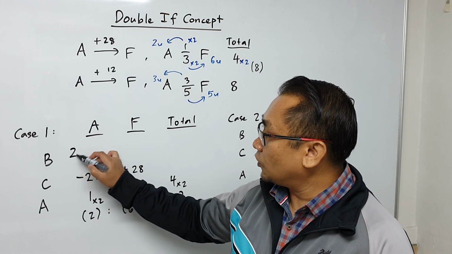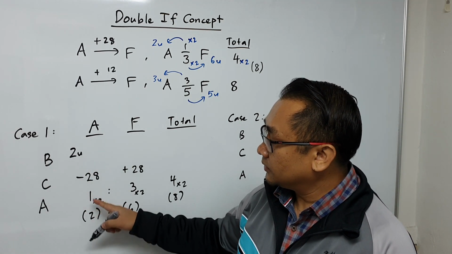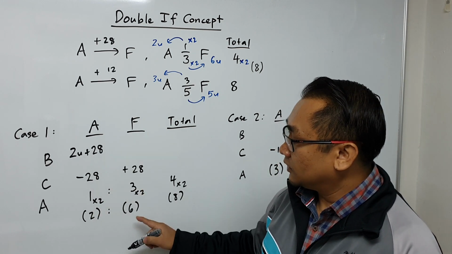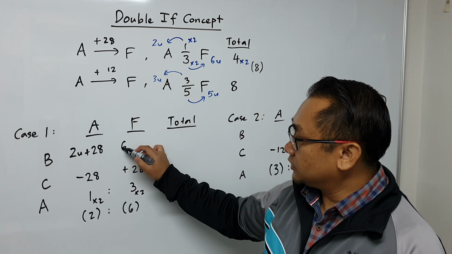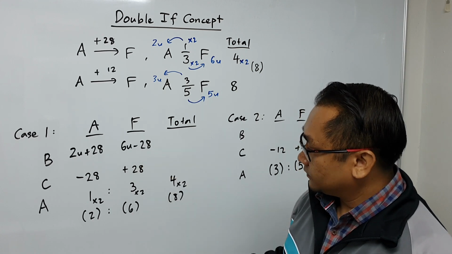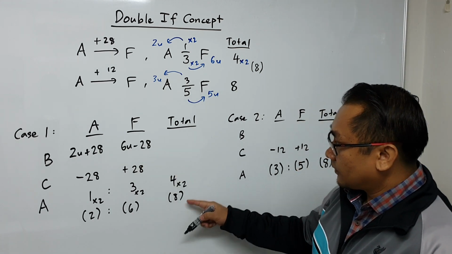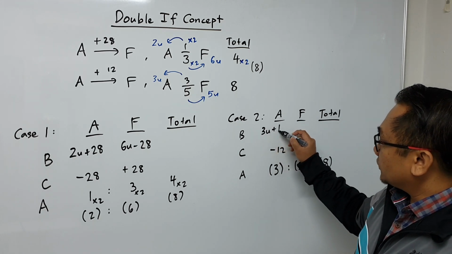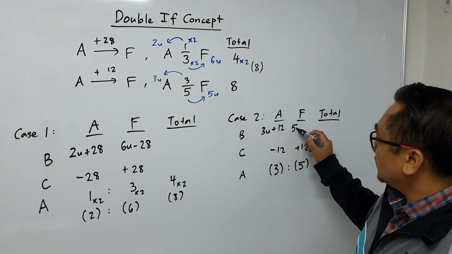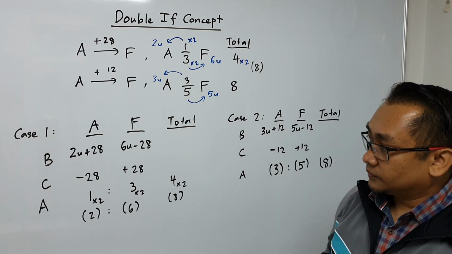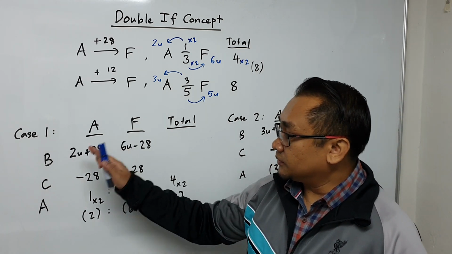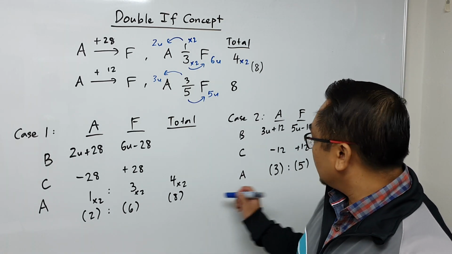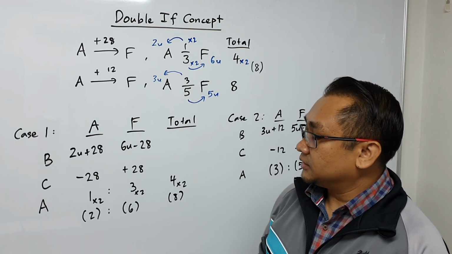So the before expression, working backwards, will be 2 units plus 28. For Fiona, it will be 6 units minus 28. Total will be 8 units. For case 2, it will be 3 units plus 12 and 5 units minus 12. So this is the BCA table for the 2 cases, and take note the total is unchanged.